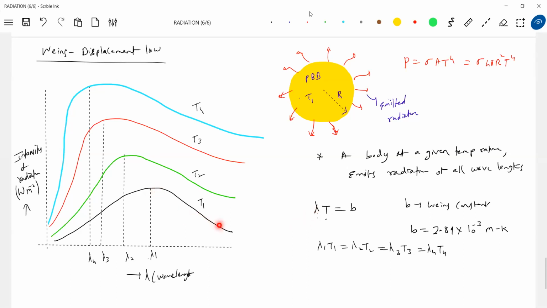It gives out radiation of all wavelengths, but at one specific wavelength the intensity will be maximum. That is called the maximum spectral radiancy. It is called the wavelength corresponding to maximum spectral radiancy. So how is it defined in books? What is lambda?